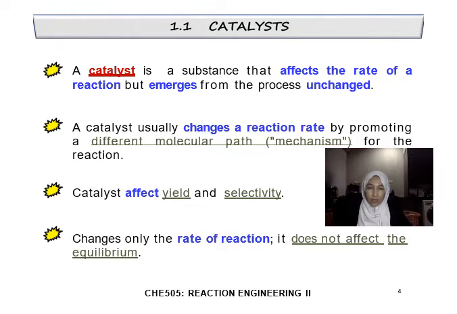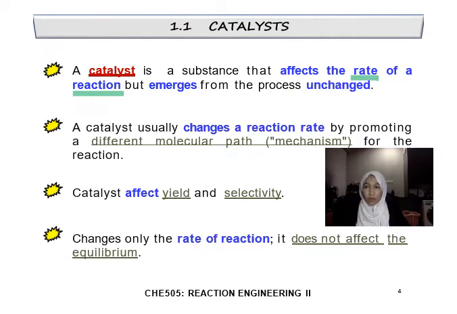By definition, a catalyst is a substance that affects the rate of a reaction, but it does not change itself, and it doesn't change the process itself. The catalyst usually uses a different path, a different mechanism, for one reaction.